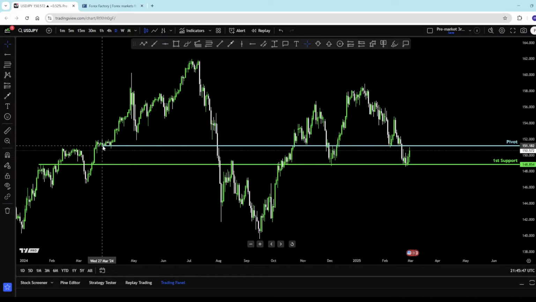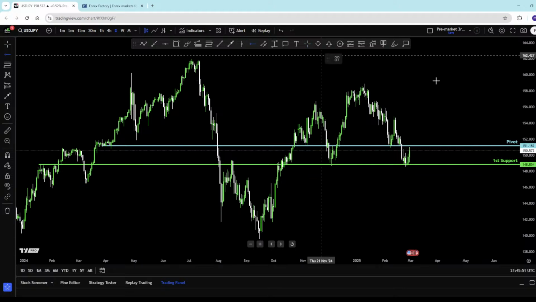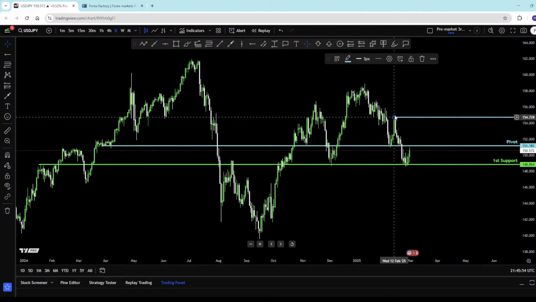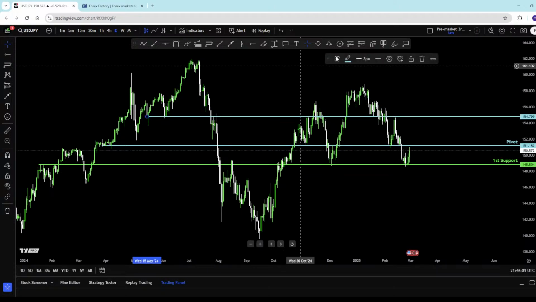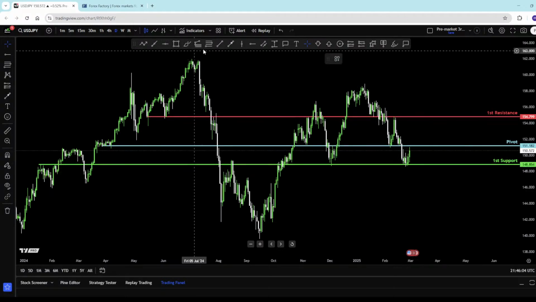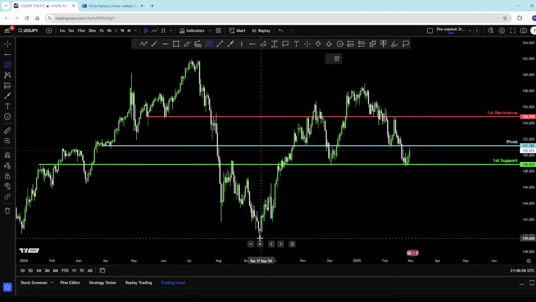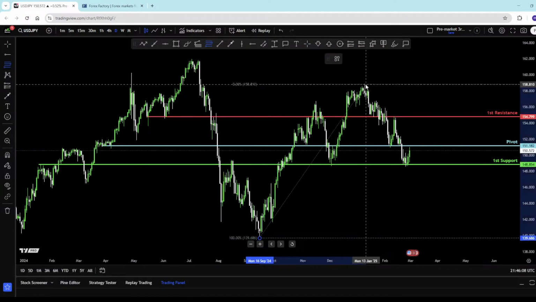That's also in line with other swing lows as well. Okay, and a first resistance, I'll just place it up here. Okay, now same thing going in with my Fibonacci levels.